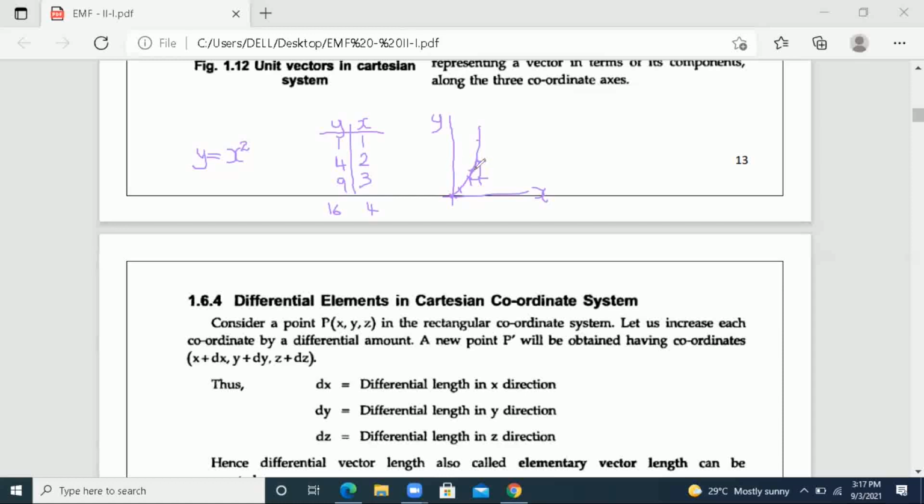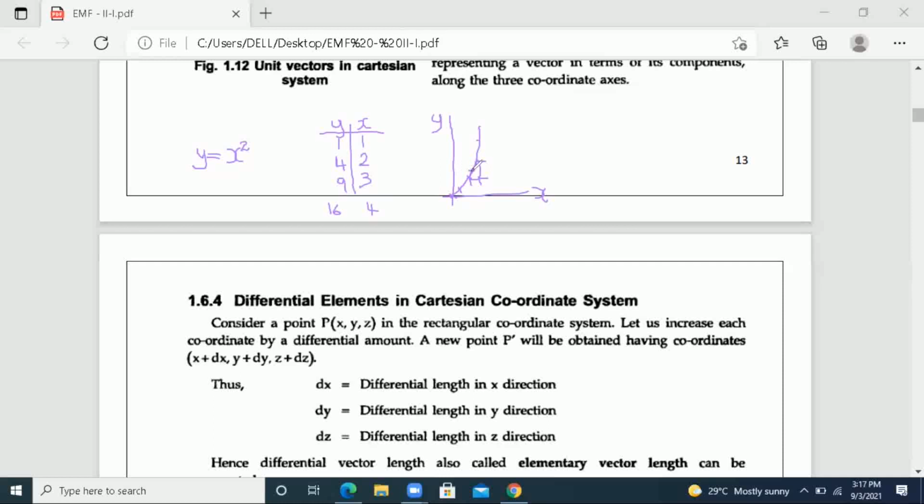You're at x, which has a certain value here. You draw a tangent here. x has a certain value, y has a certain value.